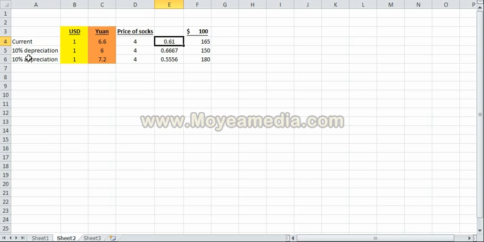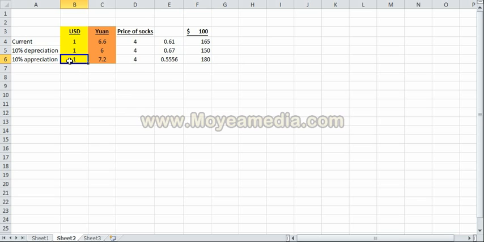Now, if a country's, in this instance China's, currency appreciates against the dollar, $1 will buy less Chinese currency. So that same package of socks that cost 4 yuan would now cost approximately 67 cents, or a 10% increase. And that $100 that Walmart has would only buy 150 packages of socks.